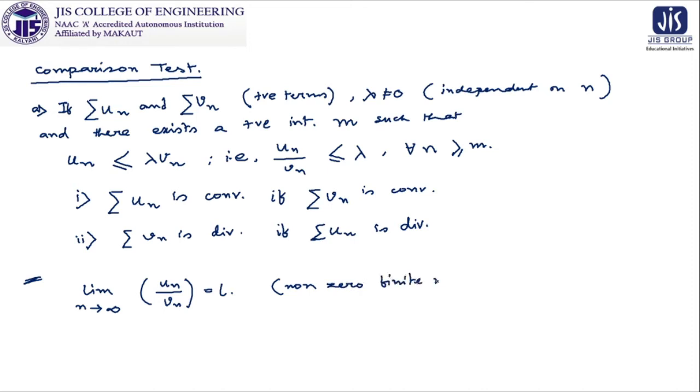If so, then our comparison test tells us that these two series converge or diverge together. Means if one is converging, then the other will also converge, and if one is diverging, then the other will also diverge. So this is another form of comparison test.